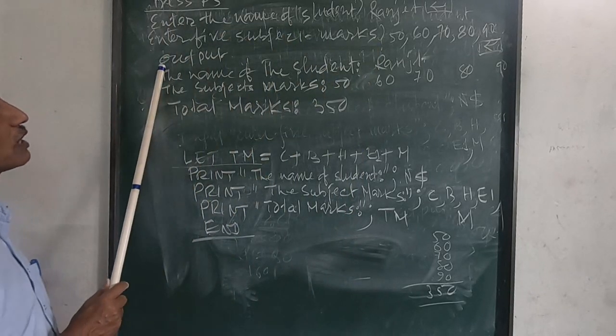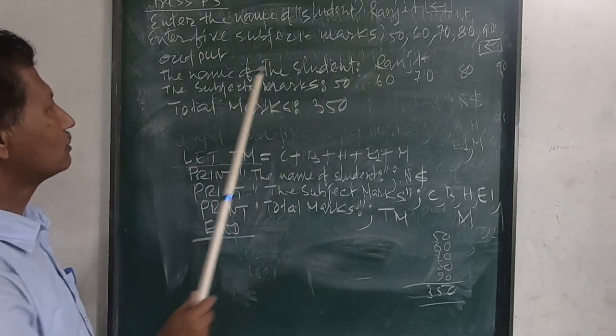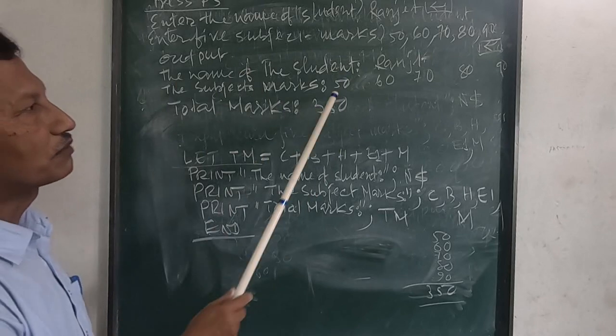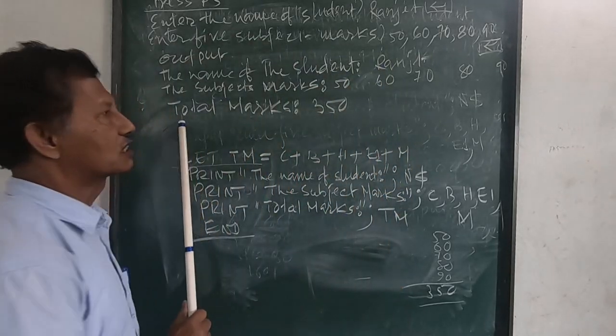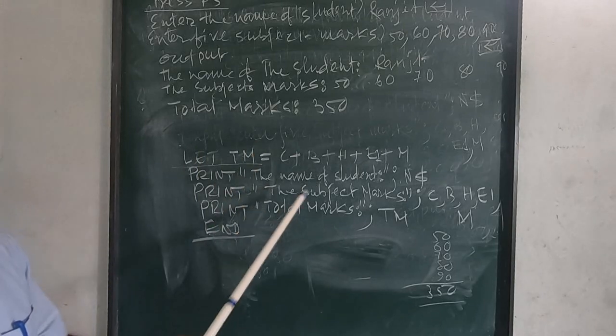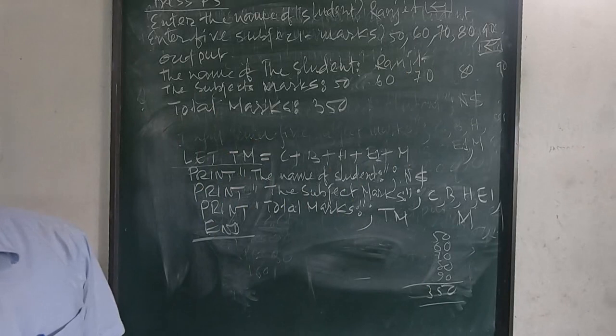So output will be the name of the student, that is Ranjit. The subject marks will be 50, 60, 70, 80, 90, and total marks is 350, because when you calculate all those marks, you will be getting the total of 350.